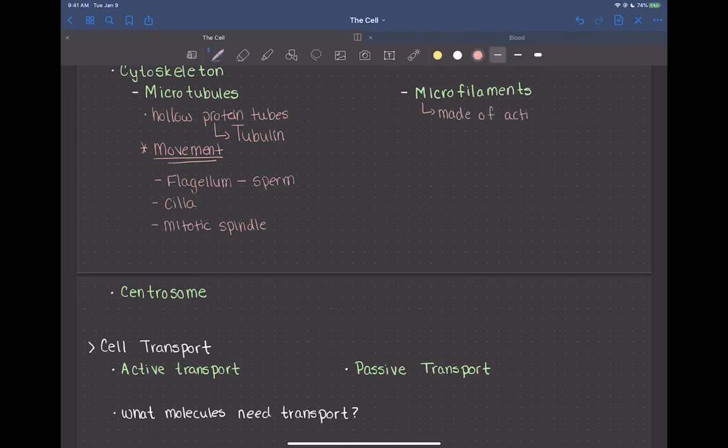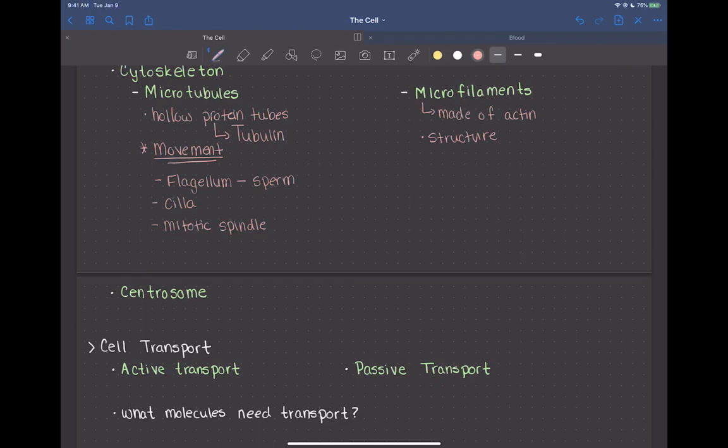All right, so the protein that makes up microfilaments is going to be actin. Okay, and microfilaments give the cell its structure. And we're also going to see actin when we talk about muscle contraction. All right, so structure and shape to the cell.